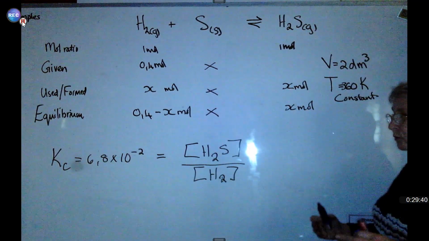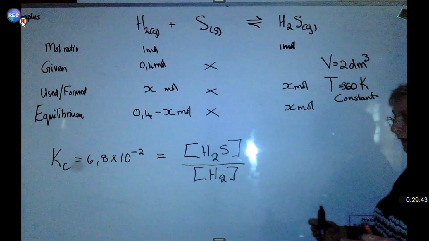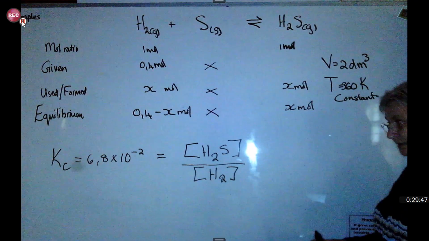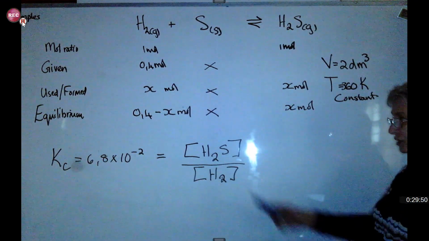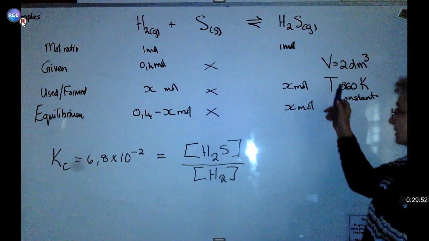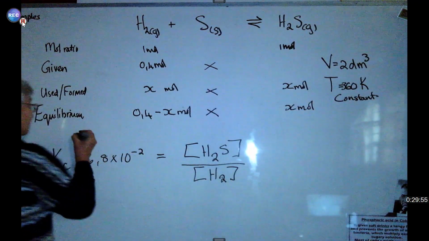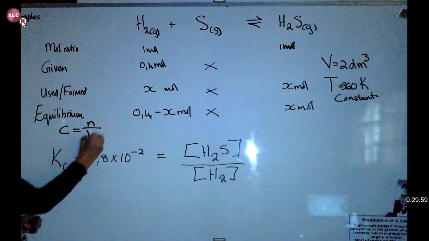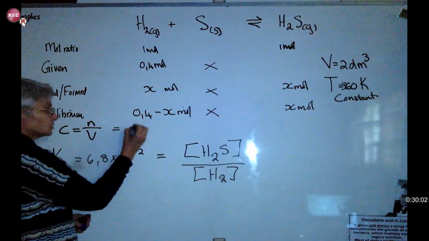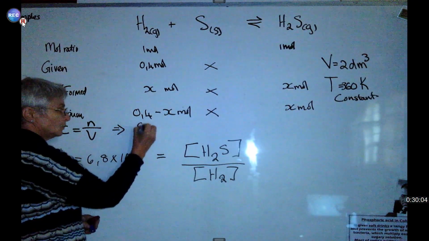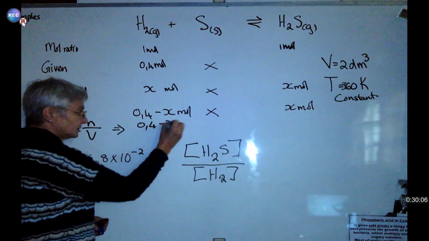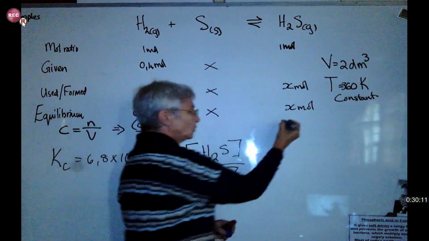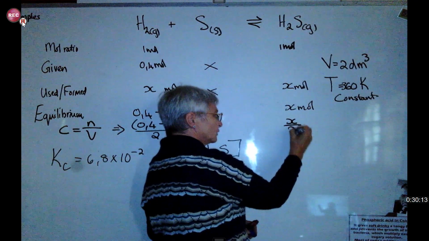We have one variable, two expressions and a Kc. All we need to do is change the moles into concentration. That's the tricky part. So this one would be 0.4 minus x over 2, and that one will be x over 2.